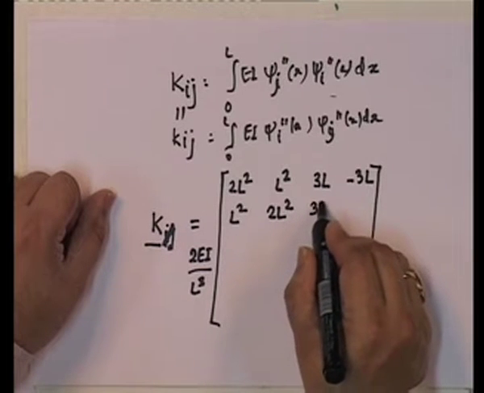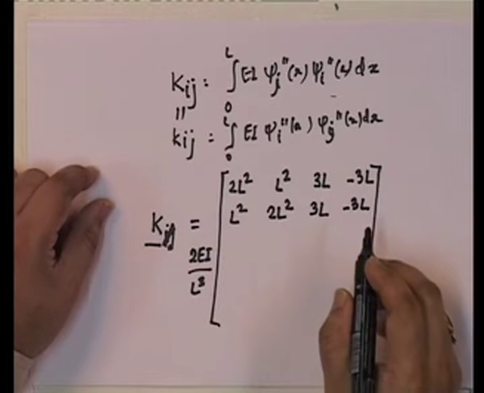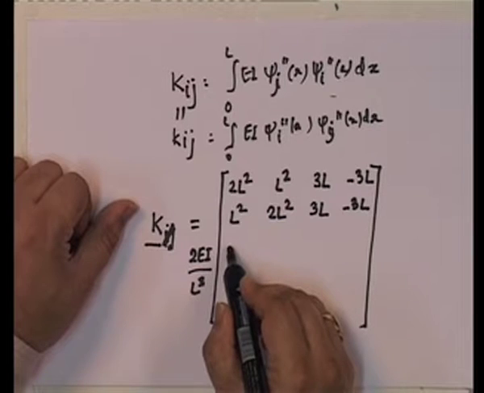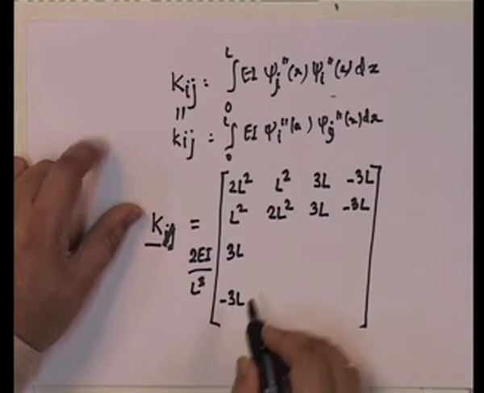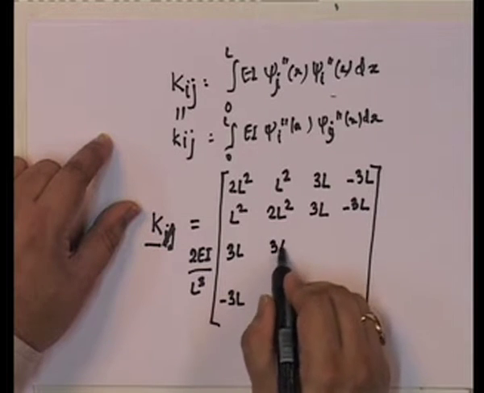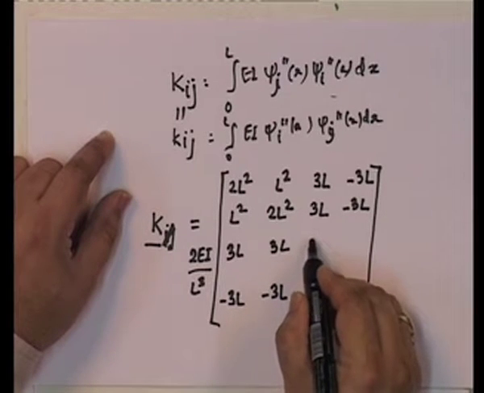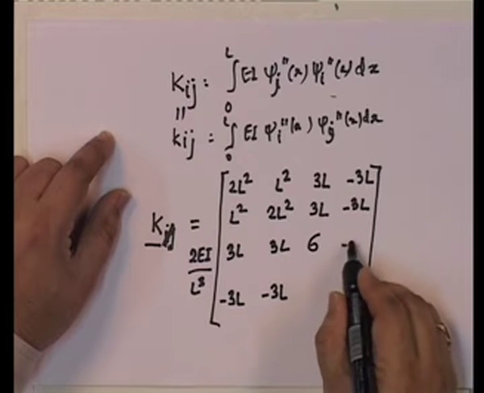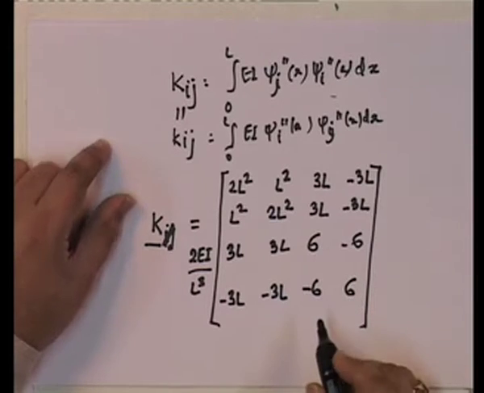So, this is 6 E I by L squared, and this is minus 6 E I by L squared. And these have to be symmetric with respect to each other. So, this is what you get, and what you have here is 12 E I by L cubed. This one is minus 12 E I by L cubed, minus 12 E I by L cubed, 12 E I by L cubed.